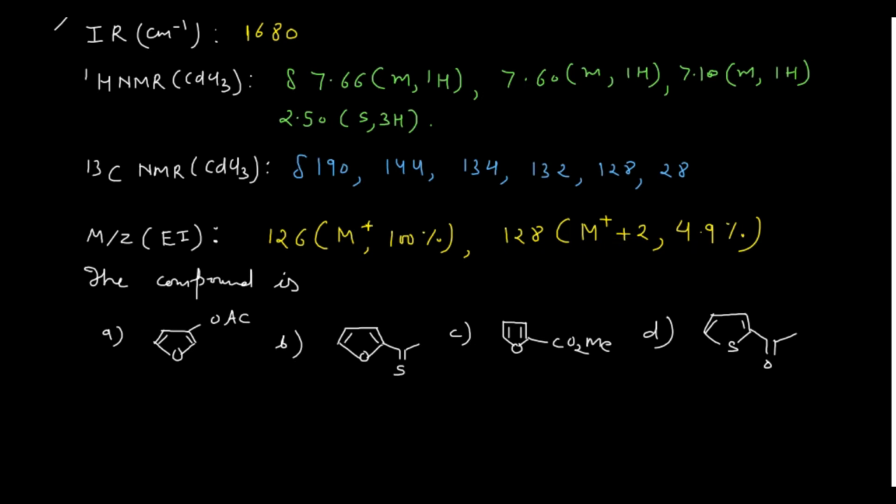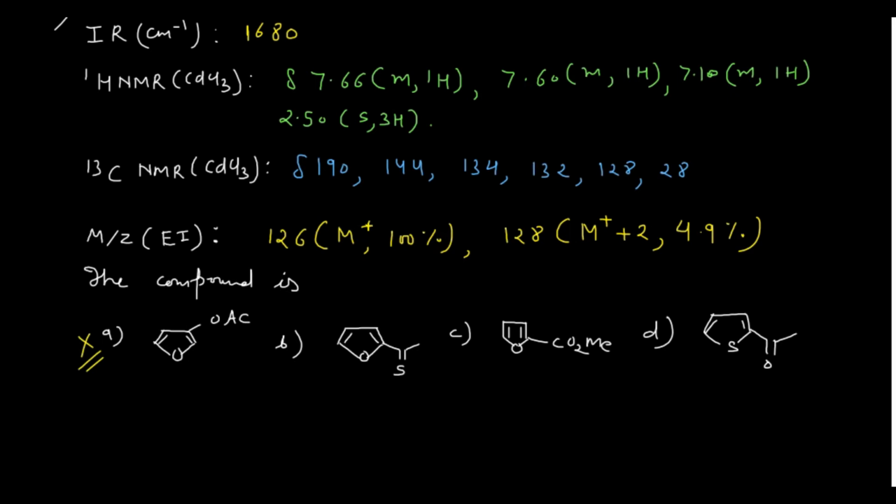It is also very common in compounds which contain sulfur. So this molecule should contain sulfur. In option A, sulfur is not there, so you can easily strike out option A. This cannot be your answer because it does not have sulfur.